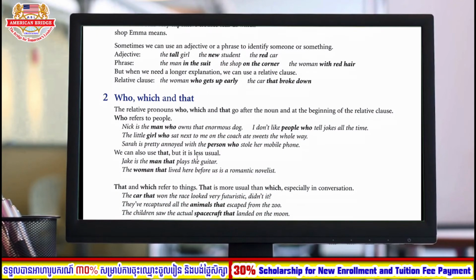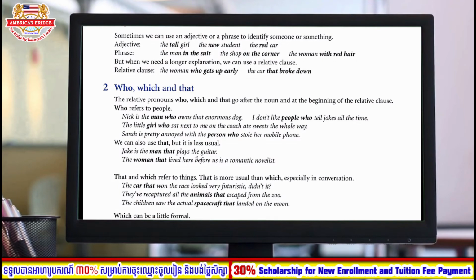So the question is, when we have three pronouns, which one should you use? We have the words who, which, and that. The relative pronouns who, which, and that go after the noun and at the beginning of the relative clause. You can only use who when you refer to people.